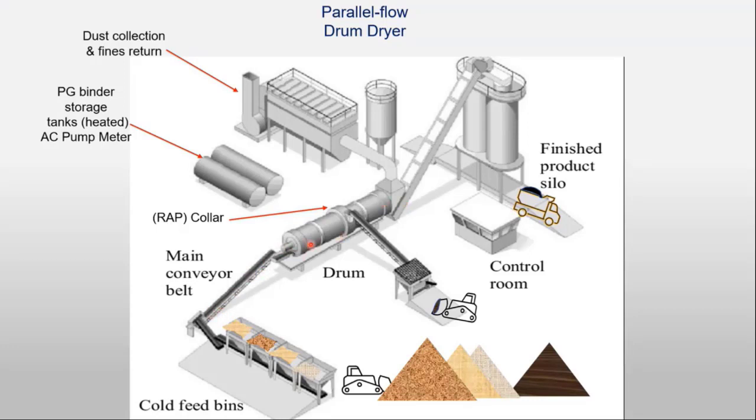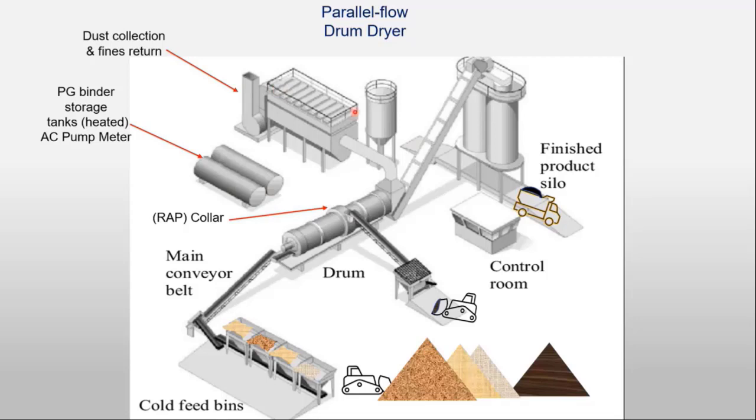And you've got the drum dryer itself that mixes all the ingredients together. Here's your RAP. Recycled asphalt pavement is something that we're using more of these days. We're trying to save on our aggregates, as well as the asphalt residual binder that's in the RAP is used also in the mix. And then we have our asphalt supply system over here.